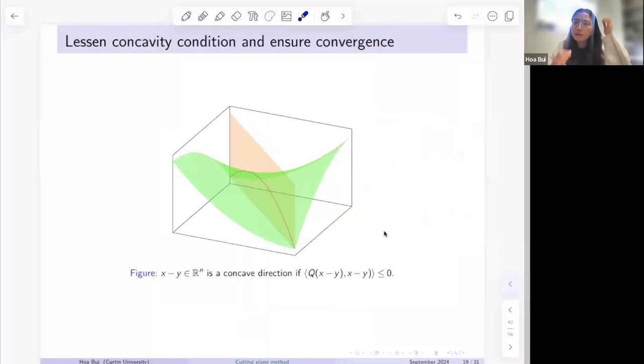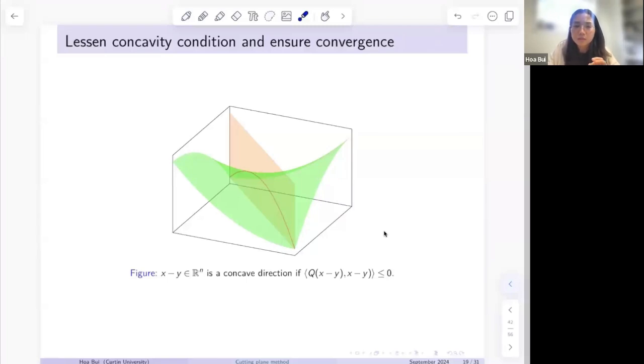So what is the takeaway here? The takeaway is that we need a concavity assumption for the outer approximation to successfully approximate the whole function by a collection of linear functions.